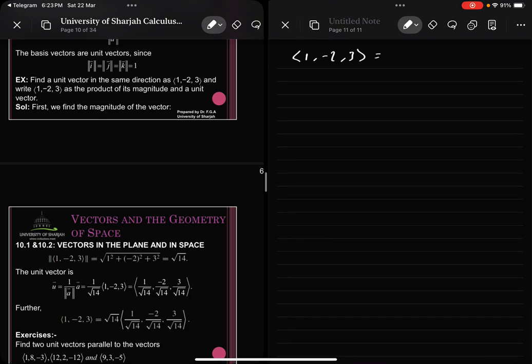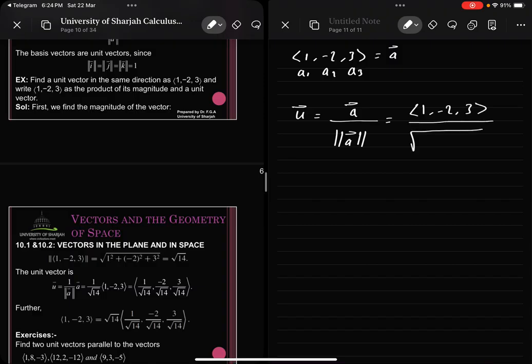We have A1, A2, and A3. To find the unit vector, we already have the vector, and we want to find the magnitude. So it is 1, -2, 3 over the magnitude, the square root of 1 squared plus -2 squared plus 3 squared.